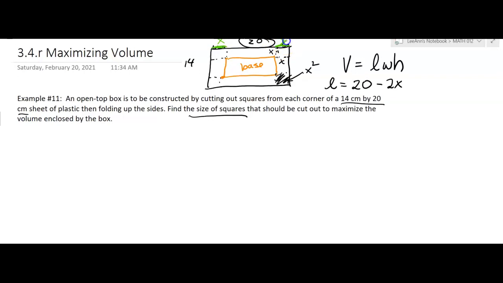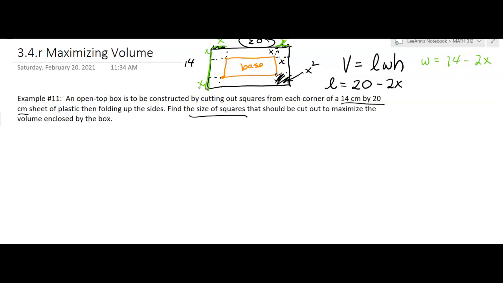So I get 20 centimeters, and I'm taking out x centimeters on each end. What's the width going to be? The width is going to be 14 minus 2x, because you've got the 14 here, but you're taking out x there and x there.